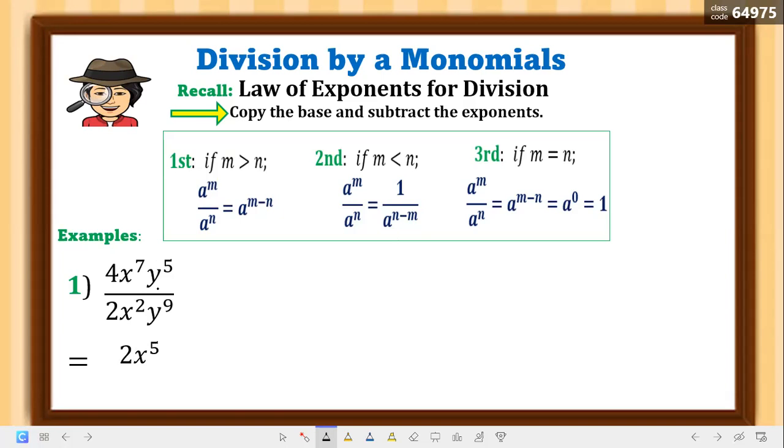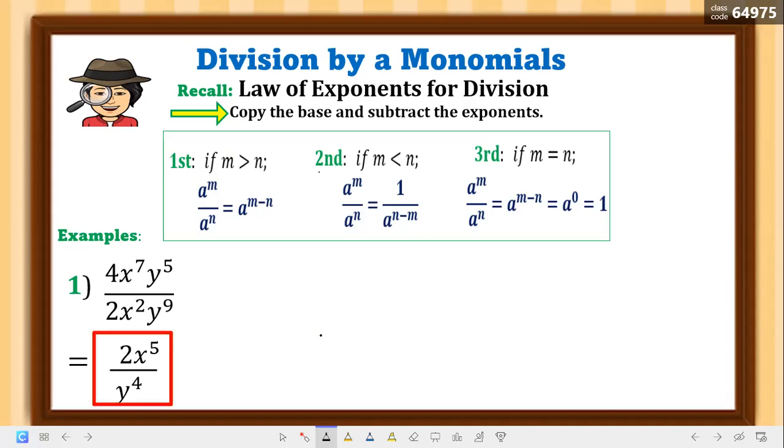Copy the base x, then subtract, what is 7 minus 2, kaya x raised to 5 to. Since eto, y raised to 5 over y raised to 9, mas malaki dito yung exponent ni denominator, i-apply mo yung case number 2. Kaya nasa baba yung ating exponent. Kaya 9 minus 5, nireciprocal mo siya or shortcut na natin. Kaya y raised to 4.